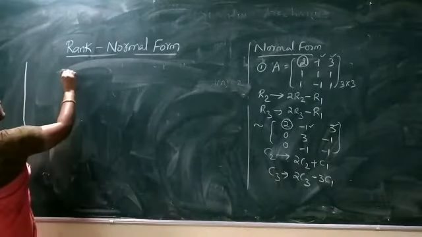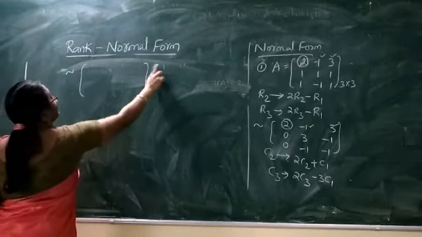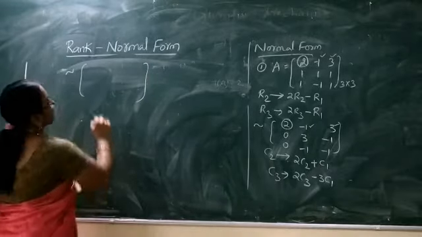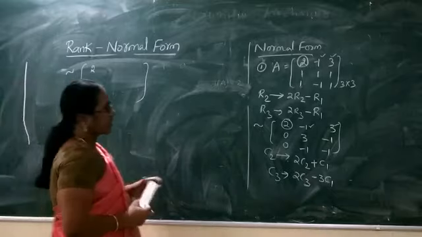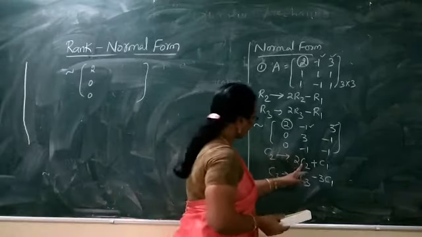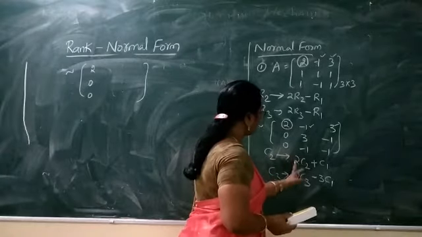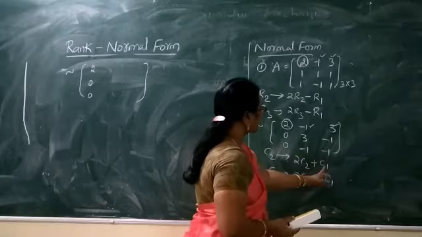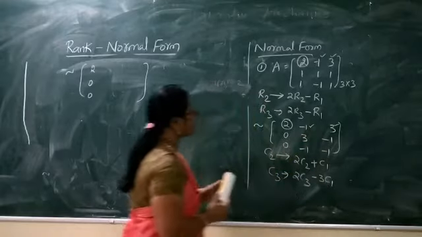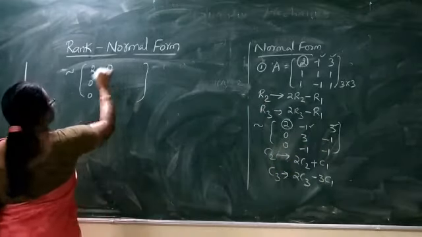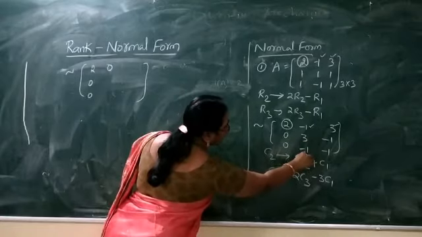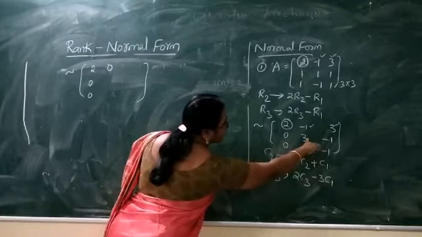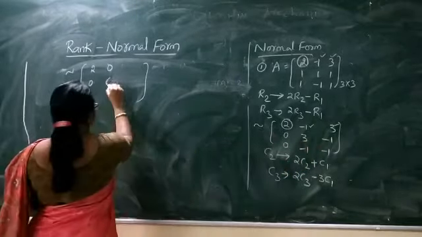the given matrix is equivalent to: we are not changing the first column, so it remains the same, 2 0 0. On the second column, we are applying the column operation C2 implies 2C2 plus C1. So this minus 1 becomes 0. Then applying the same on the remaining two column elements, we have 2 3s are 6 plus 0, it is 6.